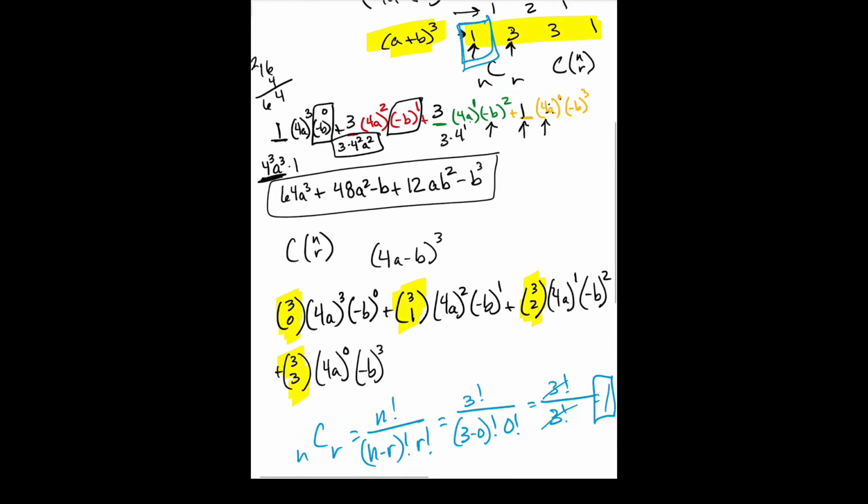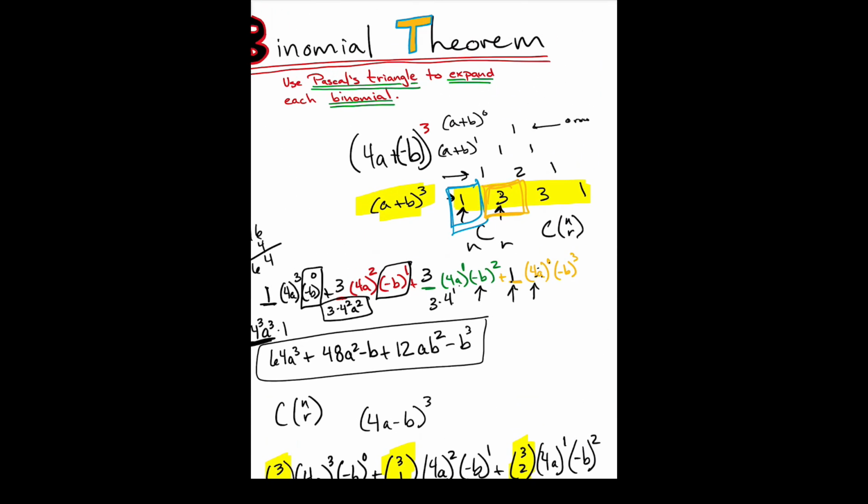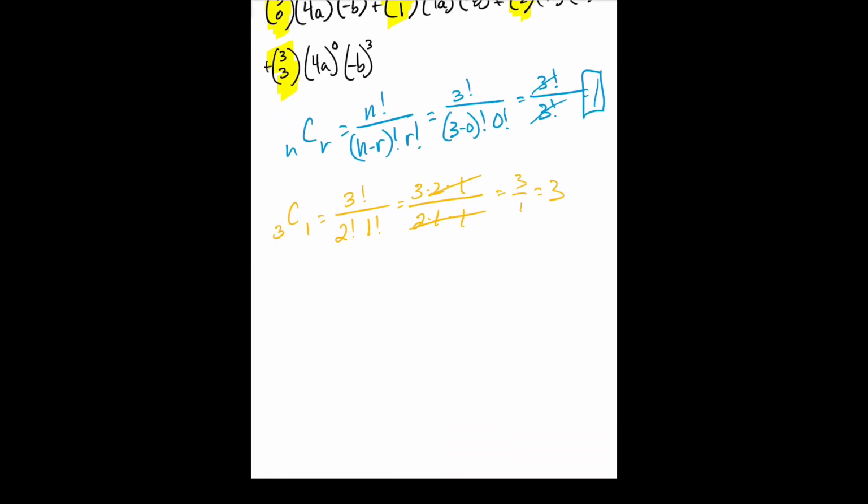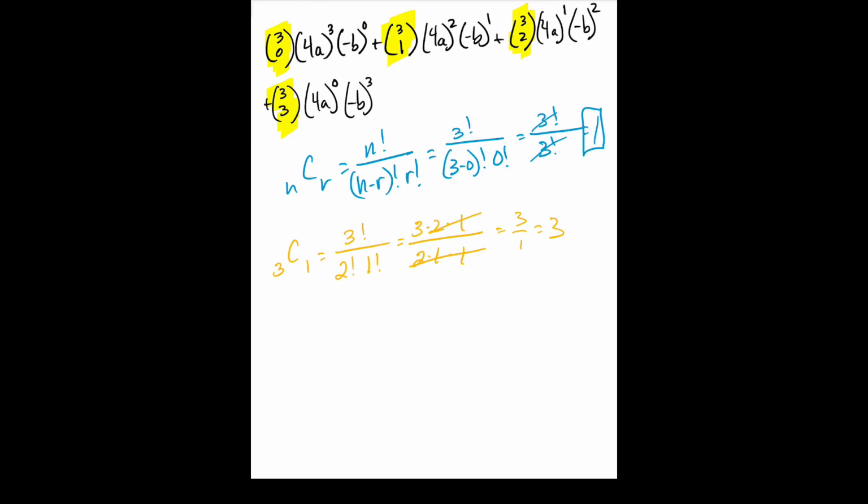And of course, with Pascal's triangle, I was already able to figure that out at a much faster pace. So, all right, let me just do one more for good measure. I'll do this one in red. So this is going to be 3 choose 2.